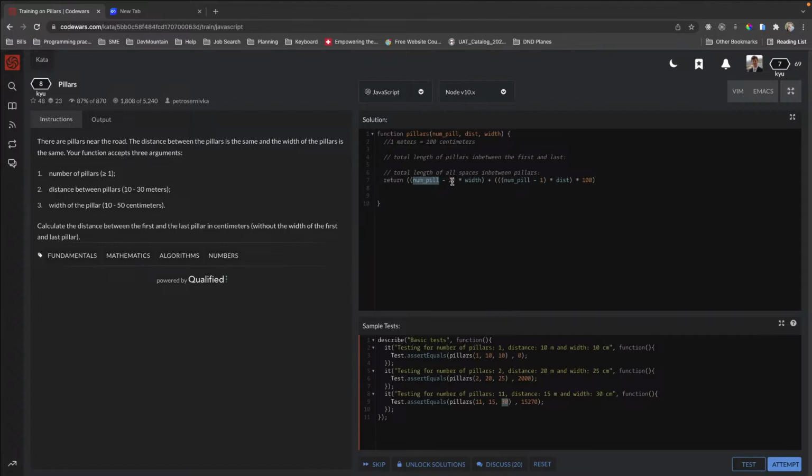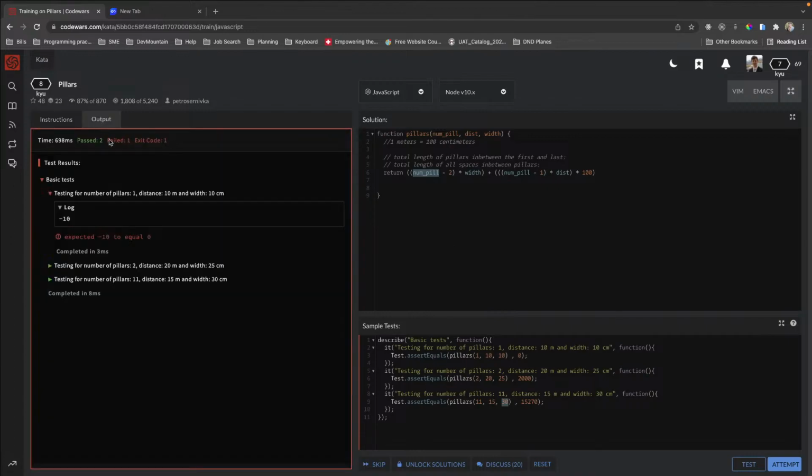So number of pillars, need to subtract 2 of them. Now the only problem is if number of pillars is 1.